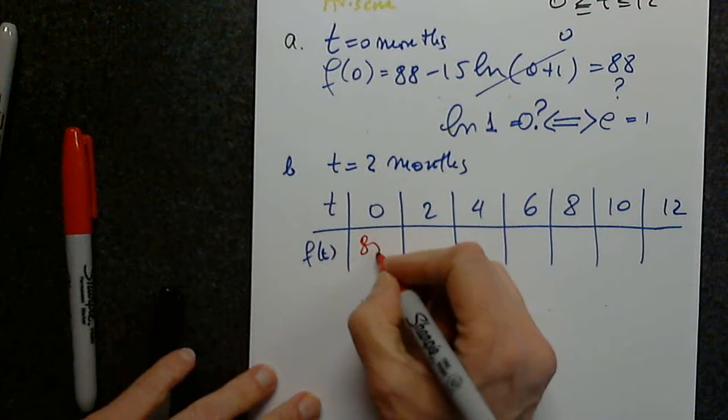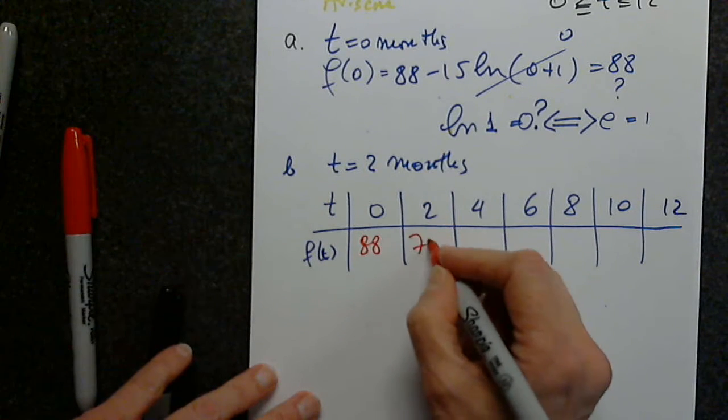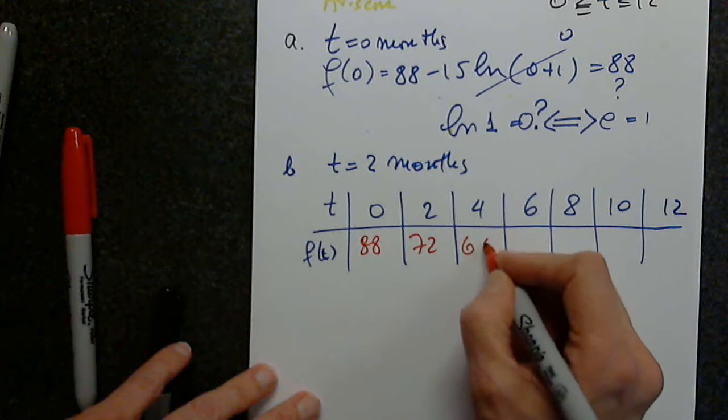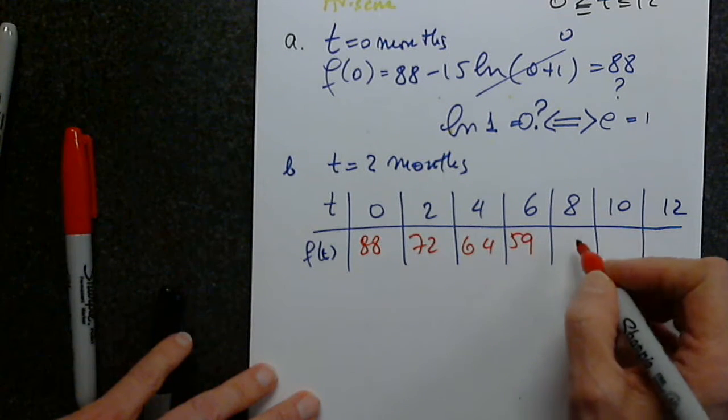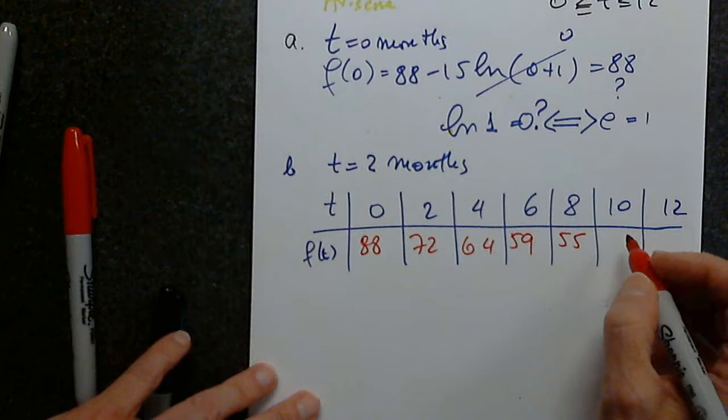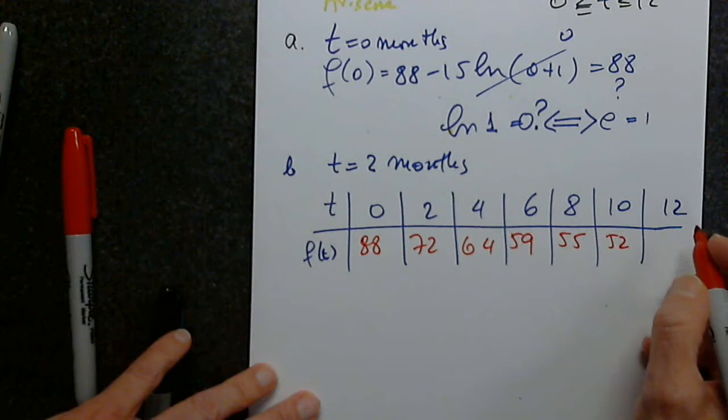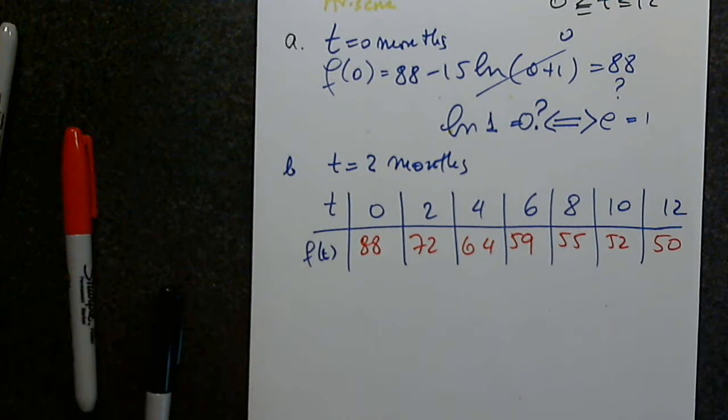So this is 88, and then 72, and then 64 roughly, and then 59, 55, 52, and then roughly I would say 50. So in a year, roughly, if we don't review what we study, our knowledge of the topic drops from 88 to 50%.